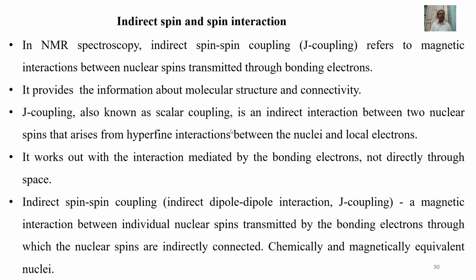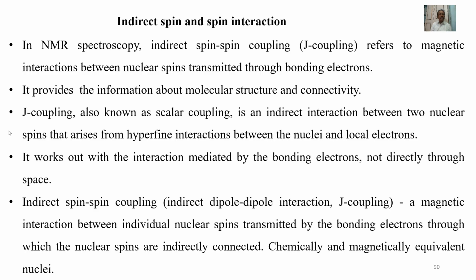In NMR spectroscopy, indirect spin-spin coupling, J coupling, refers to magnetic interactions between nuclear spins transmitted through bonding electrons. It provides information about molecular structure and connectivity.